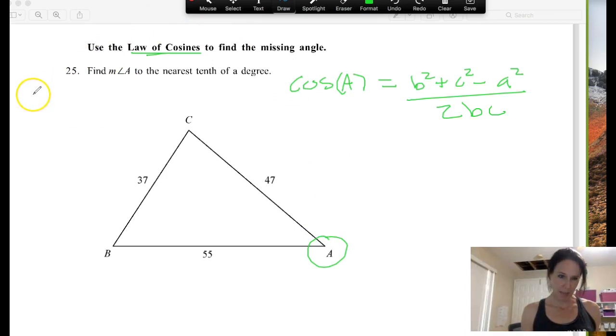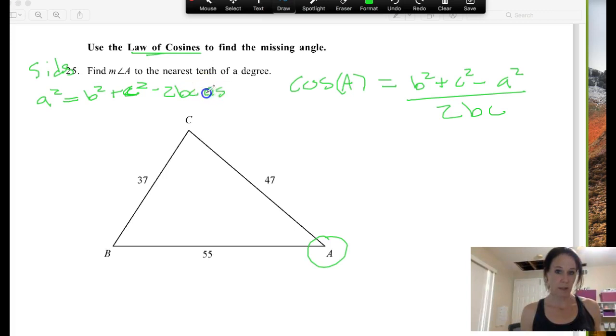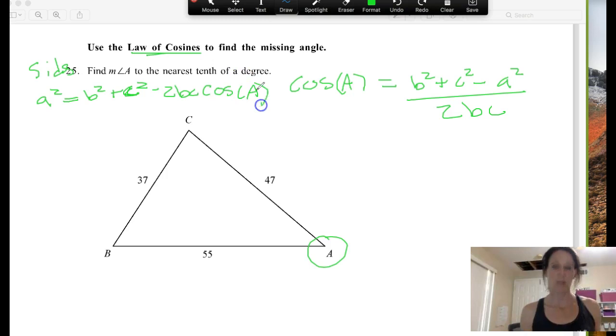Now, if I was finding sides, it would look like this. But this is not what we're doing. We have side, side, side here. But if I was looking for a side, it would look like this: A squared equals B squared plus C squared minus 2BC cosine A. Now, if you solve this equation for A, it would look like this, and that's how you get this formula.